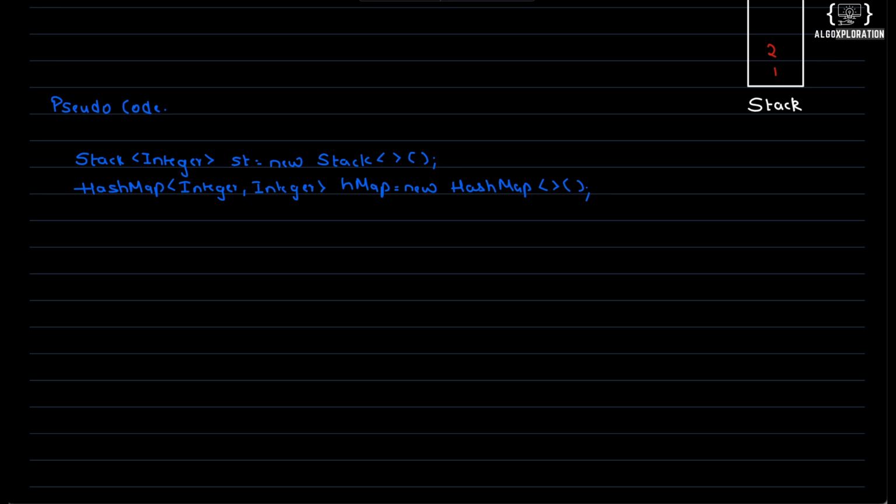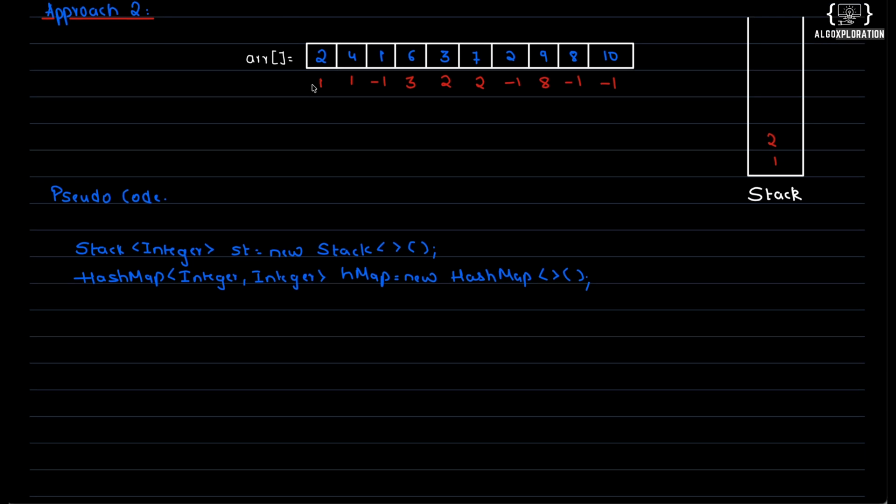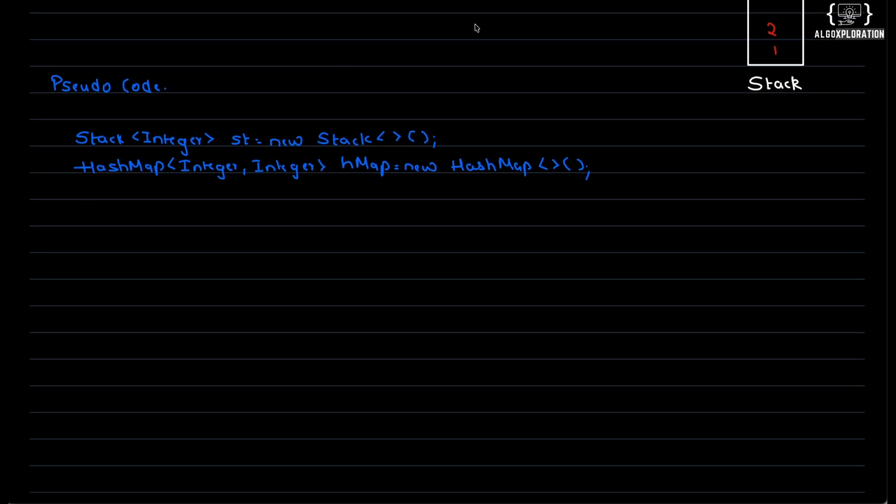If you want to know about C++, JavaScript, Python, and so on, you can Google it. Now see guys, these values I'm storing in the form of a pair, and it will be stored in a hash map. So for 2, the answer is 1. So I will be storing it in a pair inside the hash map. Hence I have used a hash map over here.